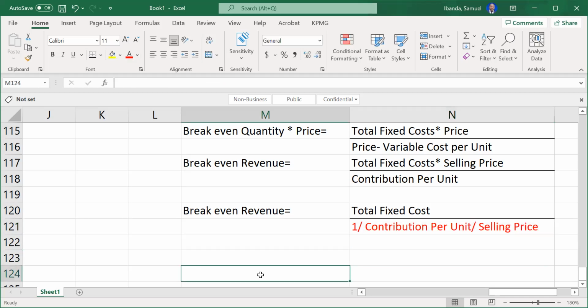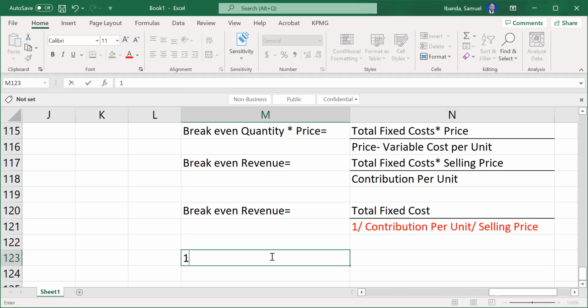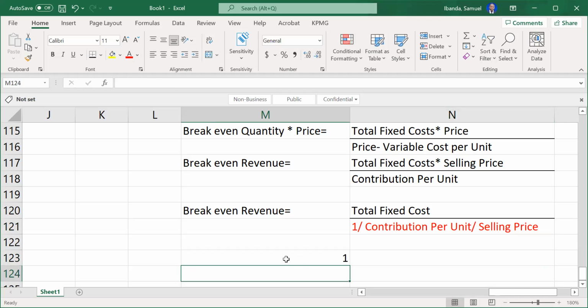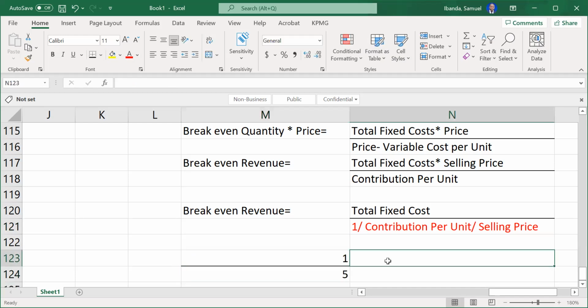I want you to agree with me that if I have 1 divided by 5, definitely I get 1 over 5.